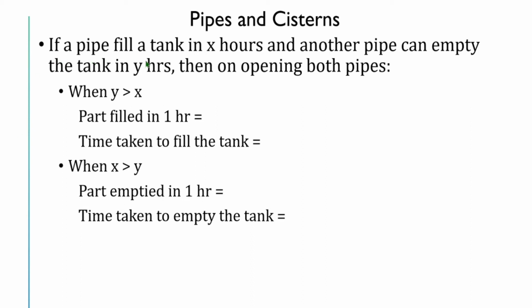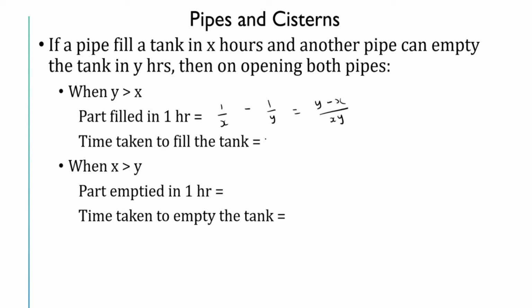Now let us take the next case. If a pipe can fill a tank in X hours and another pipe can empty the tank in Y hours, then on opening both pipes, when Y is greater than X, the part filled in 1 hour will be 1 by X minus 1 by Y, or on taking LCM, this is equal to Y minus X by XY.